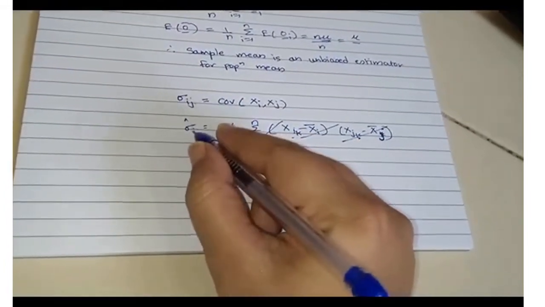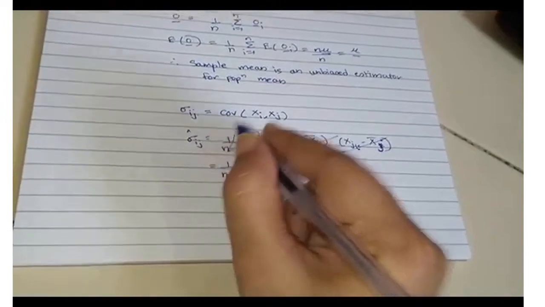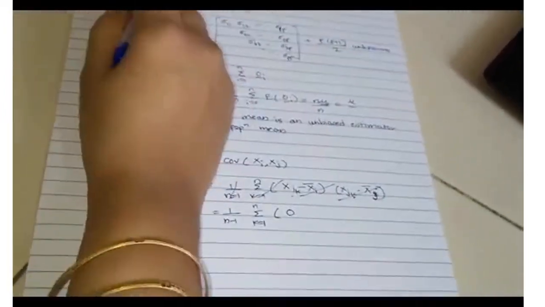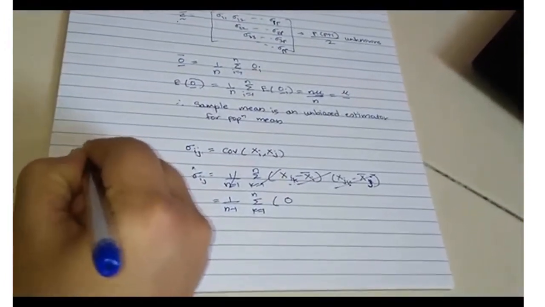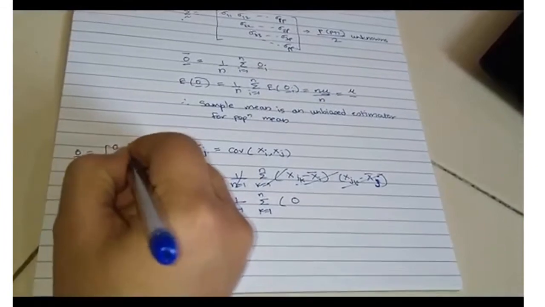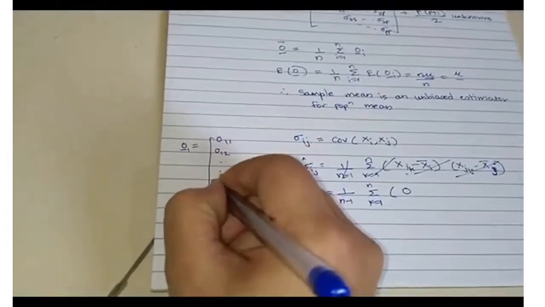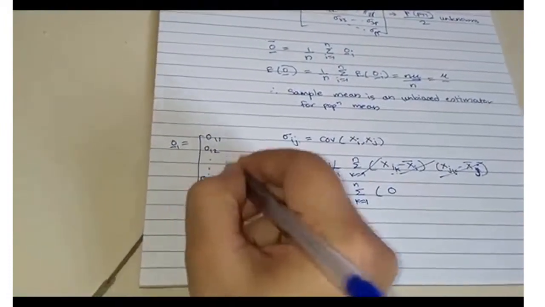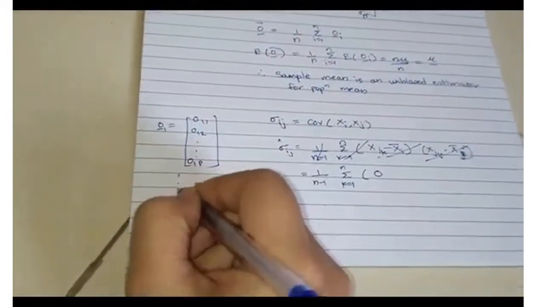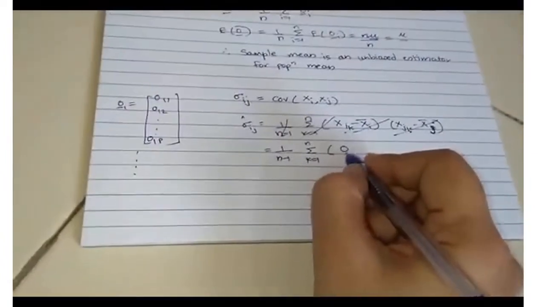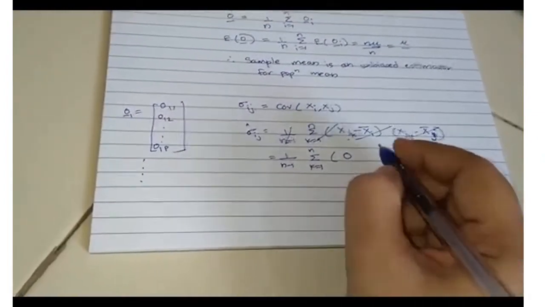I want covariance between ith and jth component. Okay, so if I have O1, O2, On, where my O1 is written as O11, O12 up to O1p, and this way, if I have my first observation as O11, O12, O1p, then here I want jth component of that.